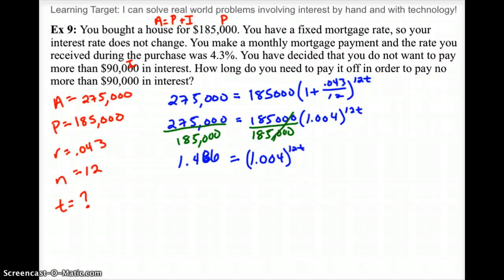Now, I'm going to add something here as an aside real quick. When we were in class a couple weeks ago, we solved an exponential equation like this. 2 to what power equals 11? And if you don't remember, here's what we did. We converted it to log form.